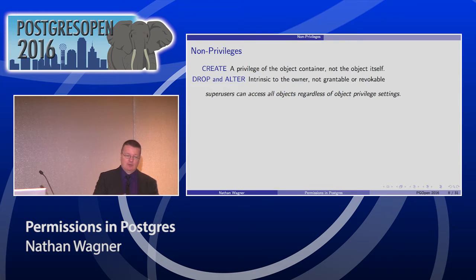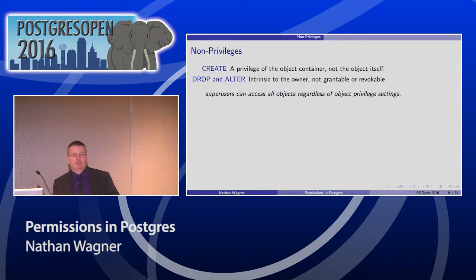And so what you need to create them is actually create permission on the schema that they're going to live in. So if they're just going to live in the public schema, only someone that has create permissions on the public schema could create objects in public. And the right to create schemas themselves is controlled by the create permission on the database, and I will go ahead and cover that in a little bit.